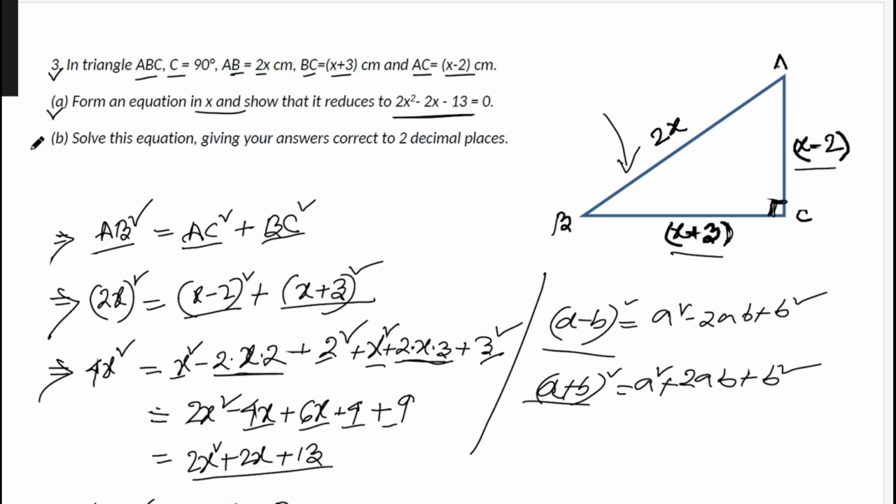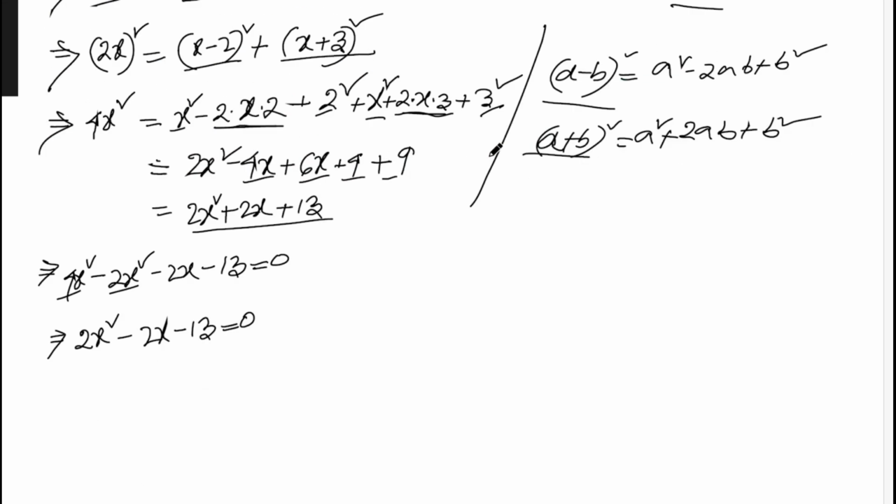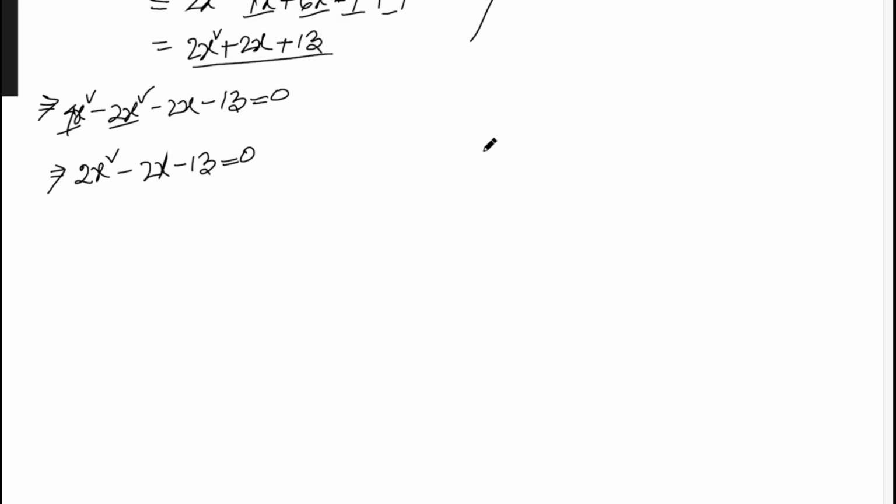Now come to solve question B. It says we need to solve this equation and give that answer correct to two decimal places. Okay. As like before, we need to solve this equation. The equation that we have is 2x square minus 2x minus 13 is equal to 0.